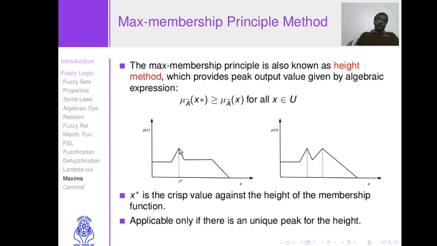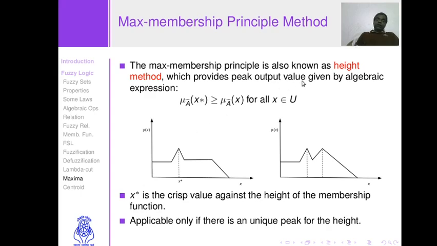Corresponding to this point, we take the value on the x-axis, which is represented by x star. So x star is nothing but a crisp value that is obtained by applying height method or max membership principle on a particular fuzzy set.